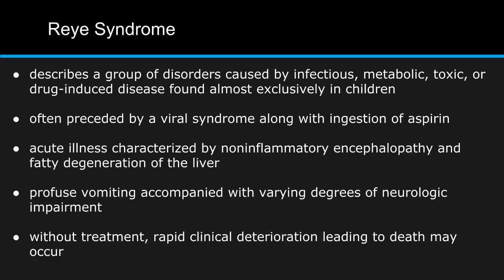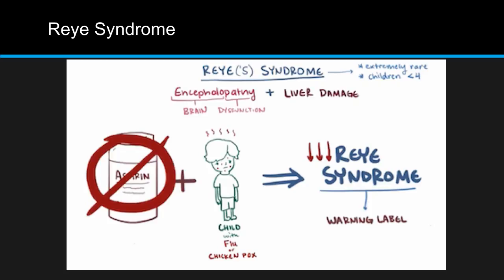Reye syndrome is an acute illness characterized by non-inflammatory encephalopathy and fatty degeneration of the liver, with a clinical presentation of profuse vomiting accompanied by varying degrees of neurologic impairment. Without treatment, rapid clinical deterioration leading to death may occur. Rule of thumb: don't give aspirin to a child with the flu or chickenpox.